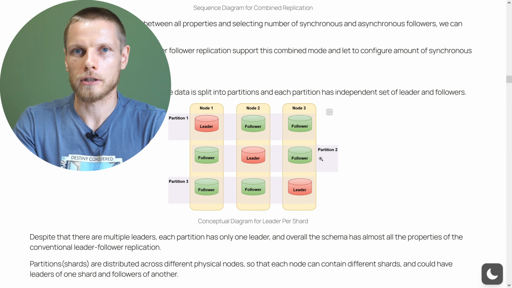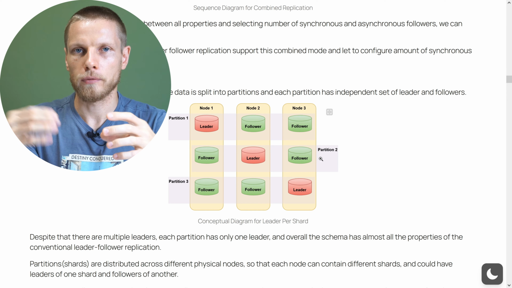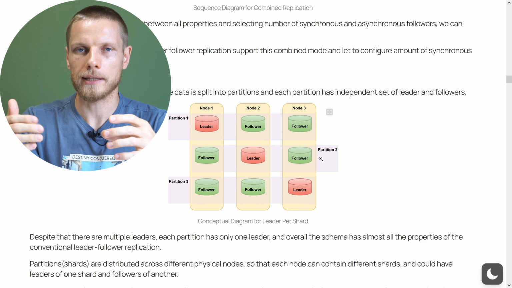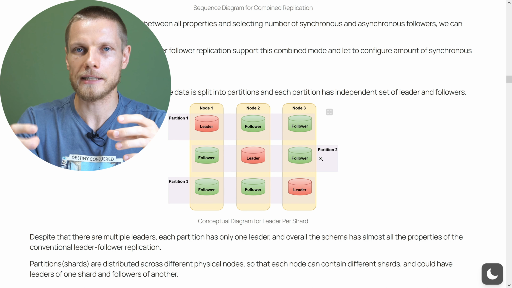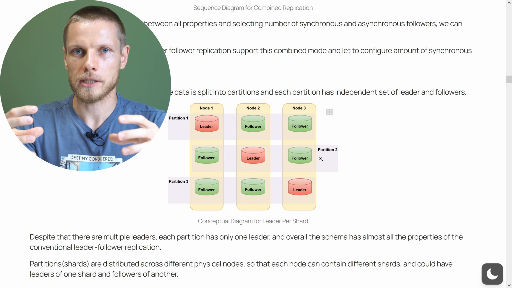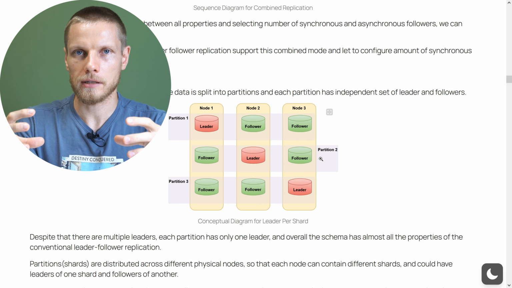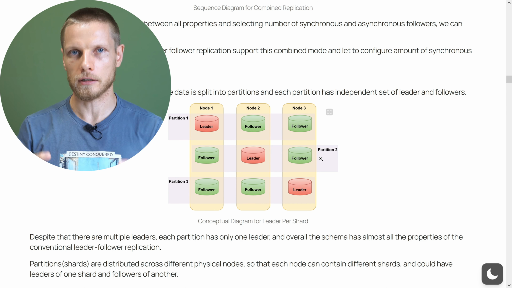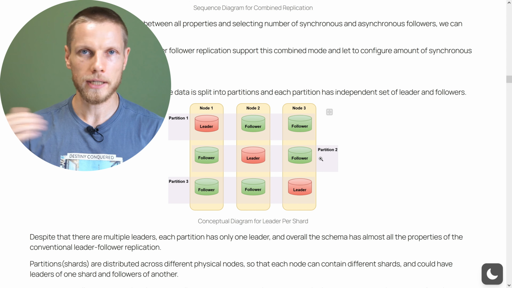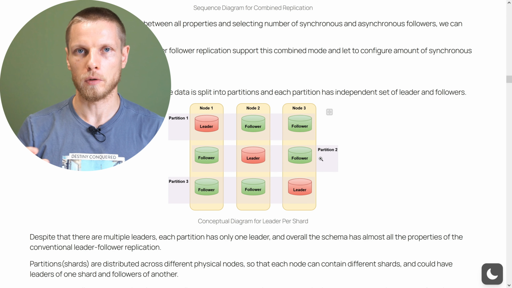We just should remember that even with a single shard, if we use asynchronous followers, then sequential consistency is not possible. So to achieve sequential consistency, we need to use synchronous followers with prohibited out-of-order writes and with immediate visibility.